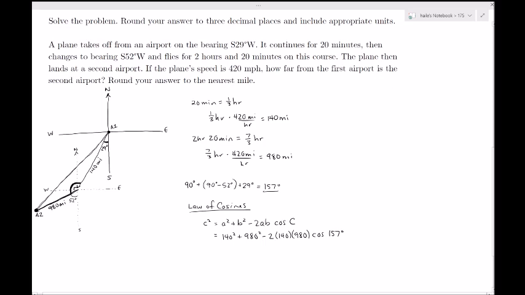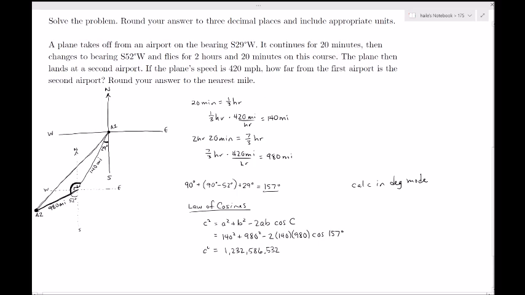Okay, so when you're doing this, make sure that your calculator is in degree mode because your angle is in degrees. If it's not in degree mode, you'll get the wrong answer. All right, so if we plug this into a calculator, we get that c squared is equal to approximately 1,232,586.532.